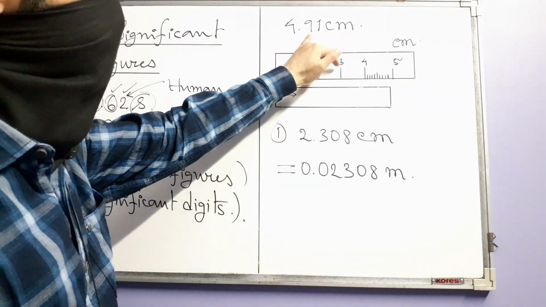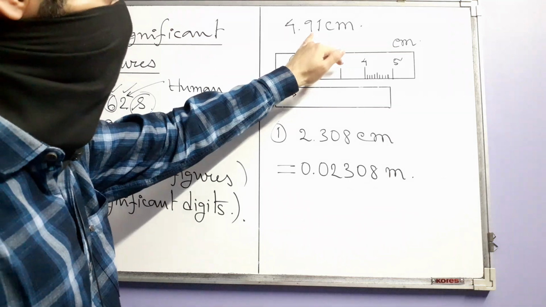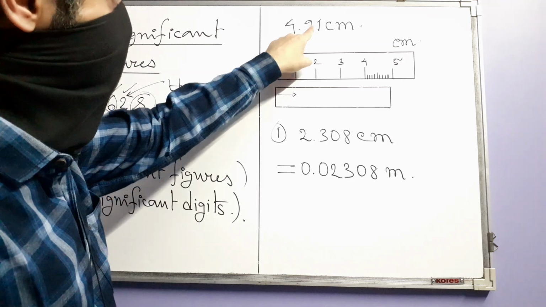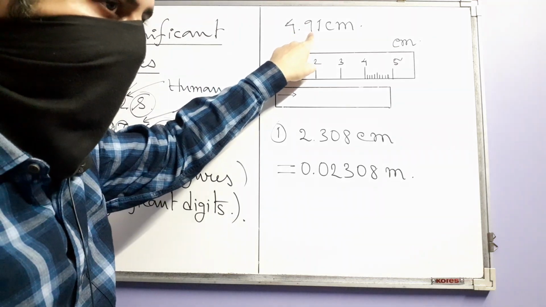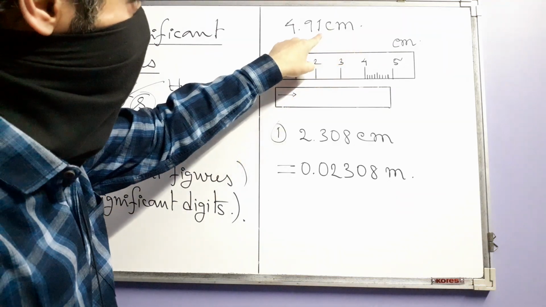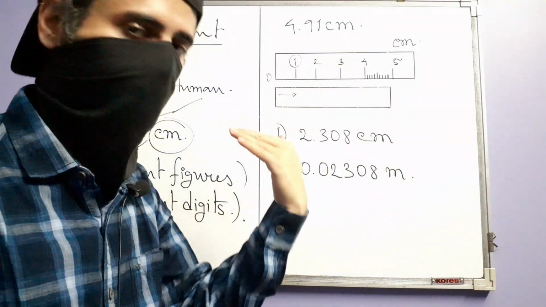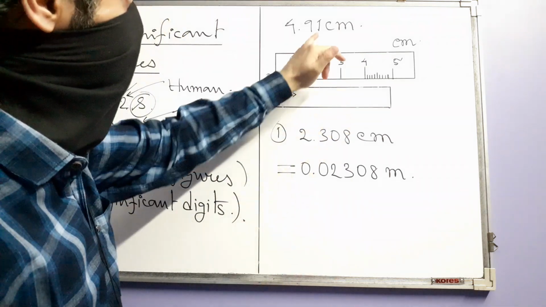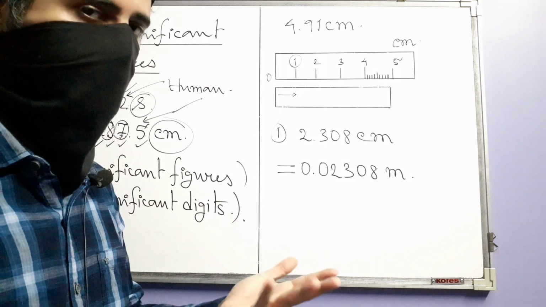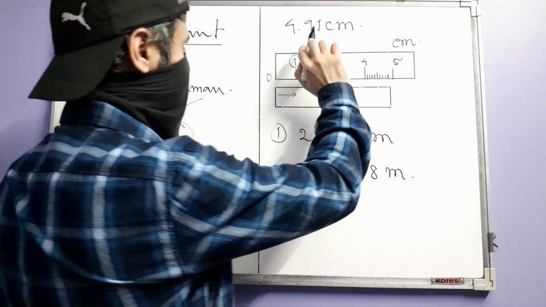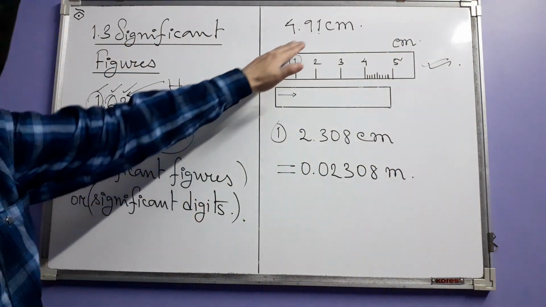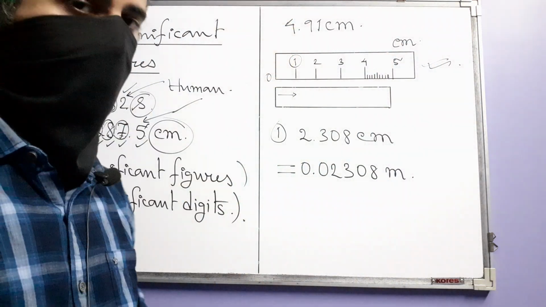It is also able to measure 1/10 of a centimeter accurately, and it gave you 9. And how do we know that 9 is accurate? Because according to our rule, the last digit is uncertain, the ones before it are certain. This last one, however, is not accurate, it's our guess. So that tells you the limitation of the measuring device, and that also tells you the precision of your measurement.